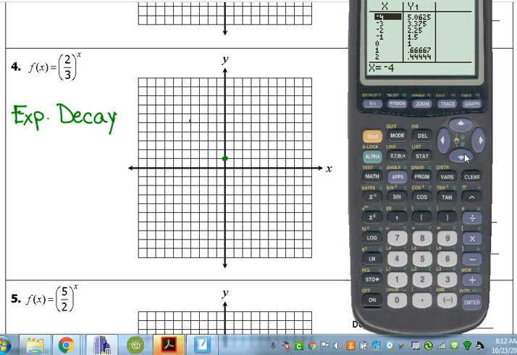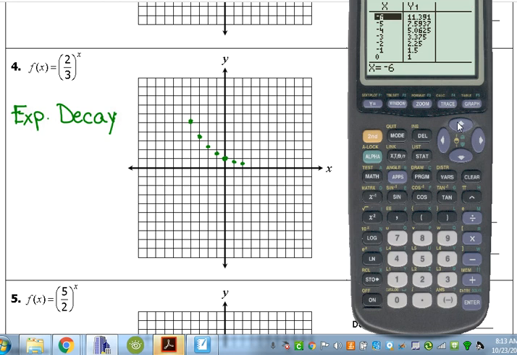At -3, we're just below 3.5. At -2, we're at 2.25. At -1, we're at 1.5. At 0, we're at 1. At 1, we're at 0.7. At 2, we're at 0.4.